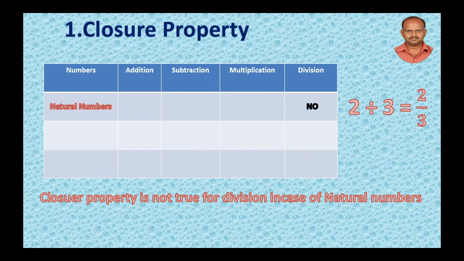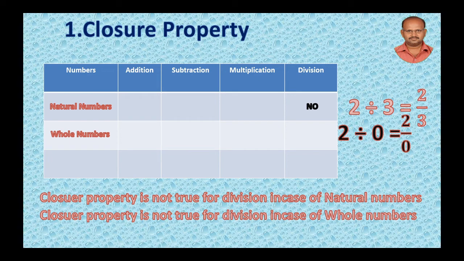Then go to whole numbers. Dividing two whole numbers, 2 divided by 0 is equal to 2 by 0. Division by 0 is not defined. Closure property is not true for division in case of whole numbers.